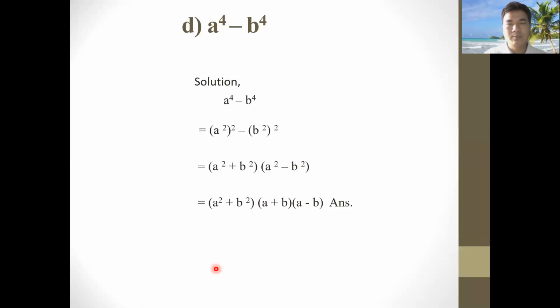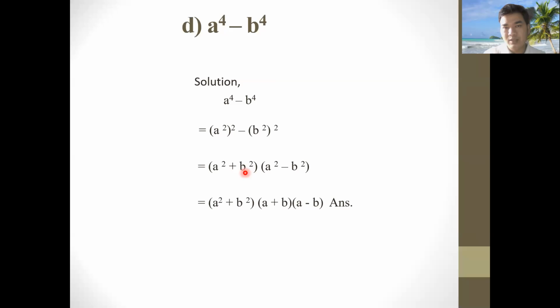Similarly, look here. In question D: a to the power 4 minus b to the power 4. Write the solution. A to the power 4 means (a square) whole square, minus (b square) whole square. This is A, this is B. A square minus B square means in place of A we have a square and in place of B we have b square. So it is (a square plus b square)(a square minus b square). We don't have a factorization formula for a square plus b square.